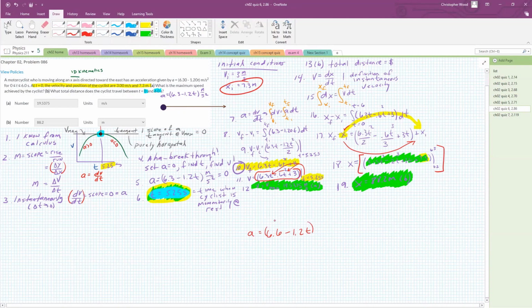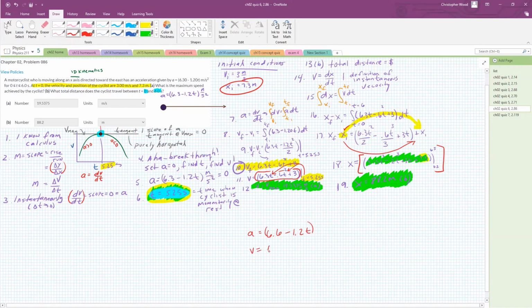So your Webassign says your acceleration is 6.6 minus 1.2t. Did you get part A correct? Yeah, after I finagled with the decimals, but yes. All right, let's quickly retrace. That's your acceleration function.